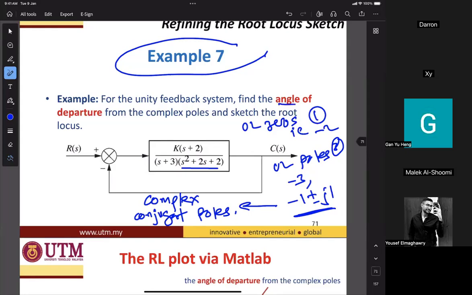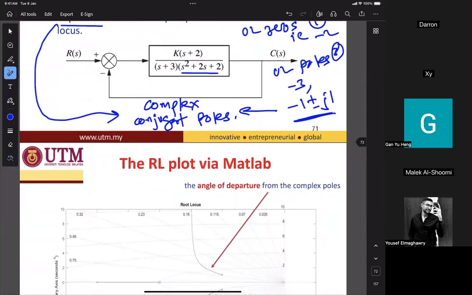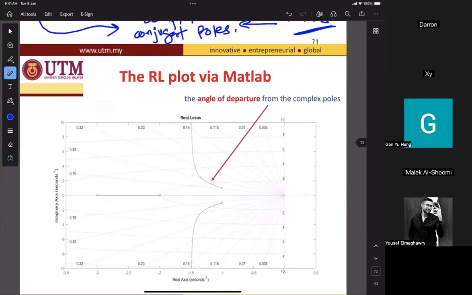That's why in this question, it is asking for the angle of departure. The angle of departure is related to complex conjugate poles. The question didn't ask for the angle of arrival because there are no complex conjugate zeros. So be clear about it.